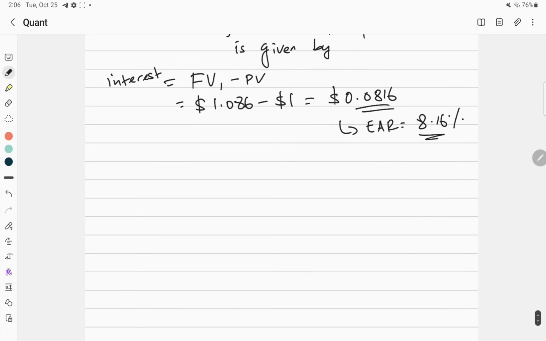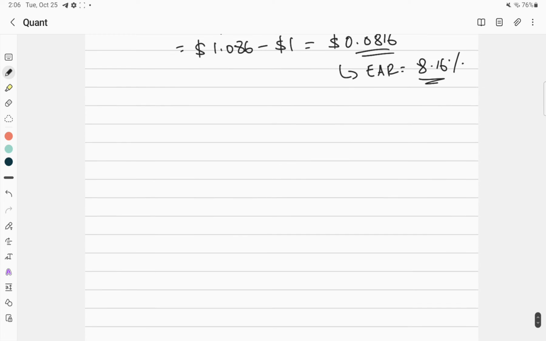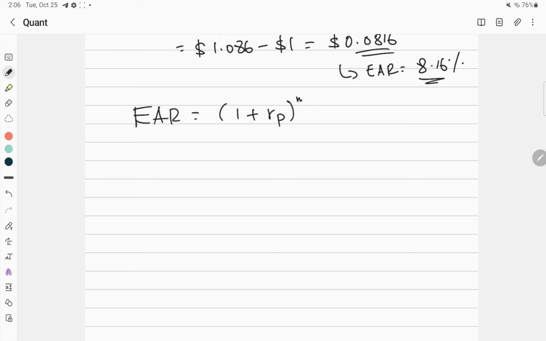So we're going to come up with a formula for the effective annual rate that incorporates the periodic interest rate. So let's do this with a formula. EAR equals 1 plus RP raised to M, minus 1.